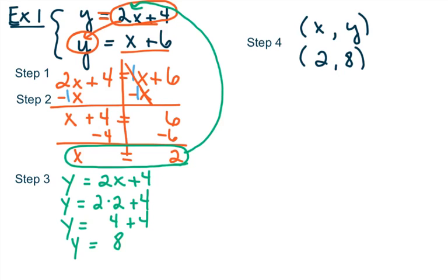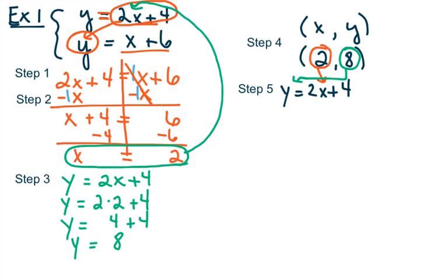Step 5 is a guarantee to make sure that that's right. So to guarantee that we are right, we're going to take the original problems, y equals 2x plus 4, and we're going to plug in 2 for the x, and we're going to plug in 8 for the y.